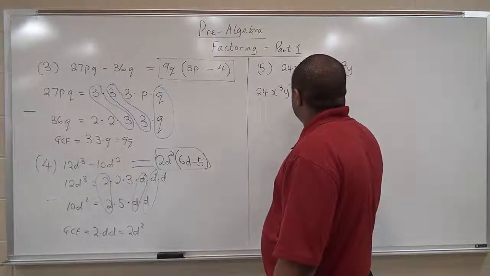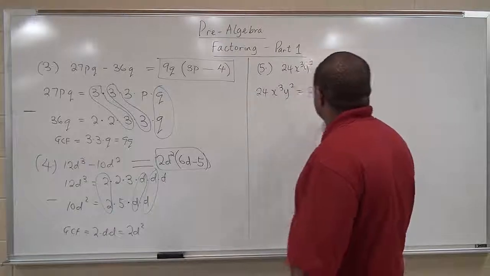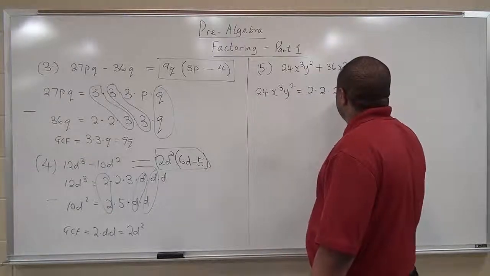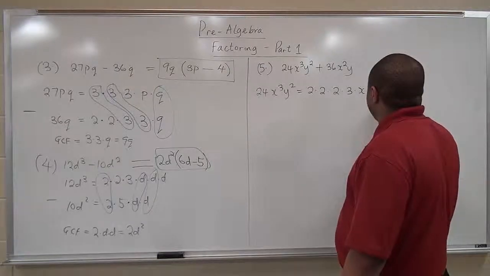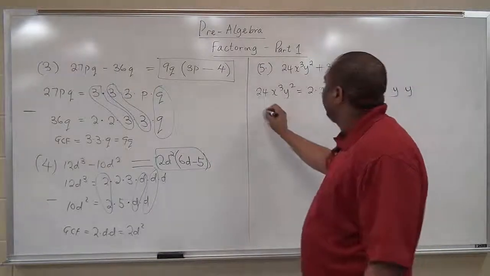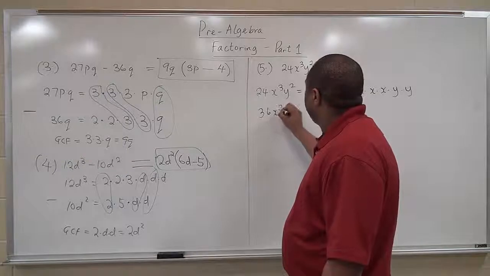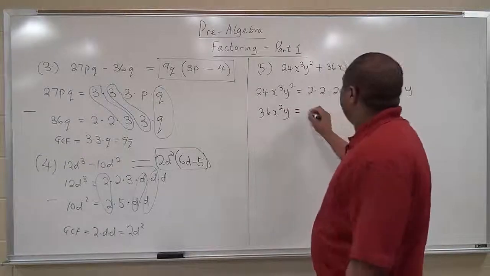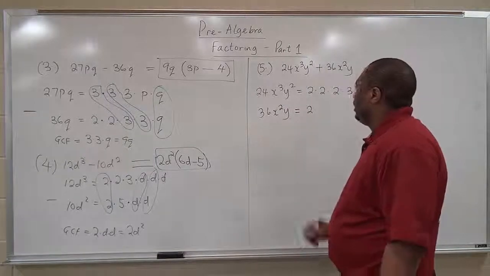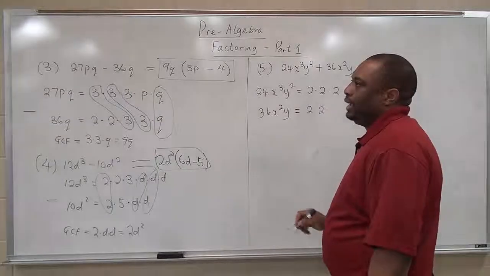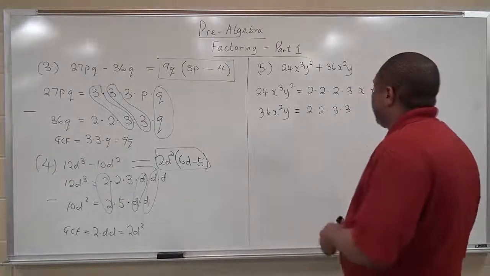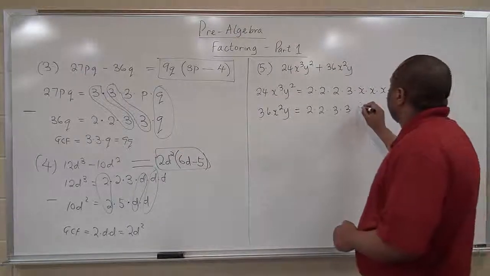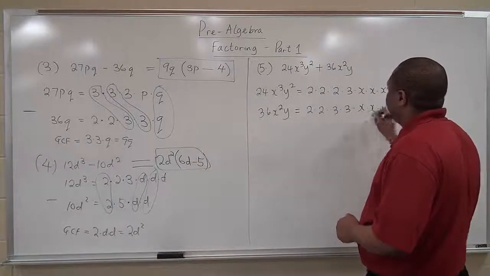That is 2 times 2, 4 times 2, 8 times 3, 24 times x times x times x times y. Okay? 36x squared y will be 2 times 18, 2, 9, 3, 3. Okay? 4 times 3, 12 times 3, 36 times x times y.